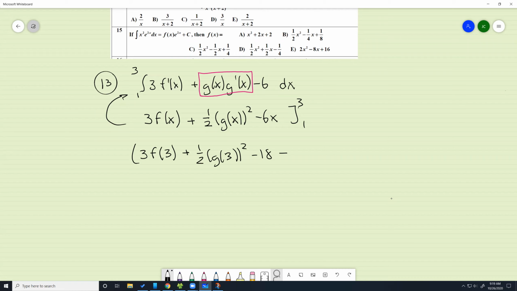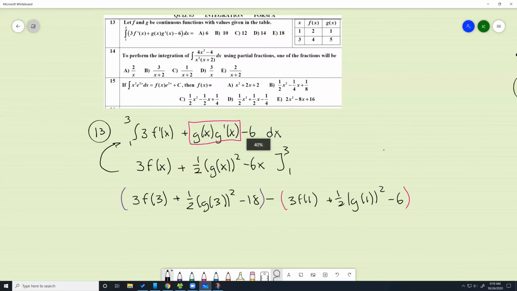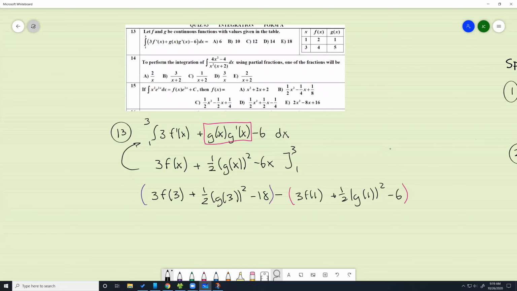Subtract. So this part is okay. So I'm going to bring in all these values I see here. 3 f of 3.